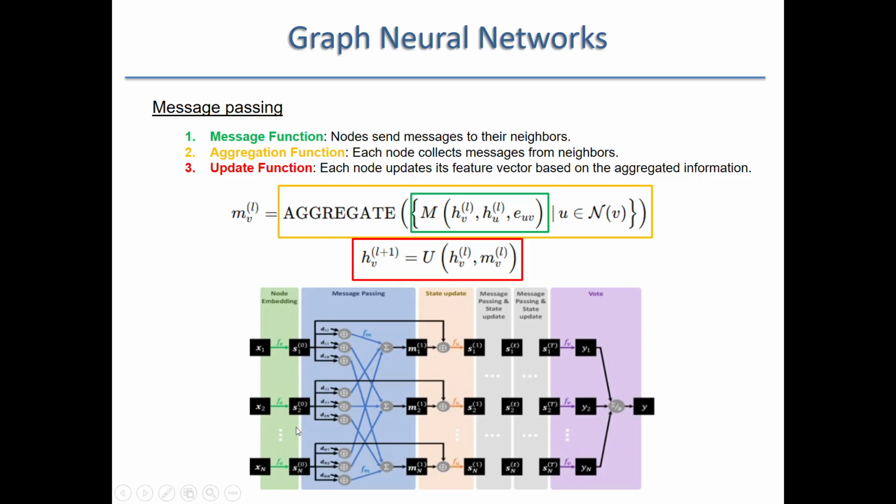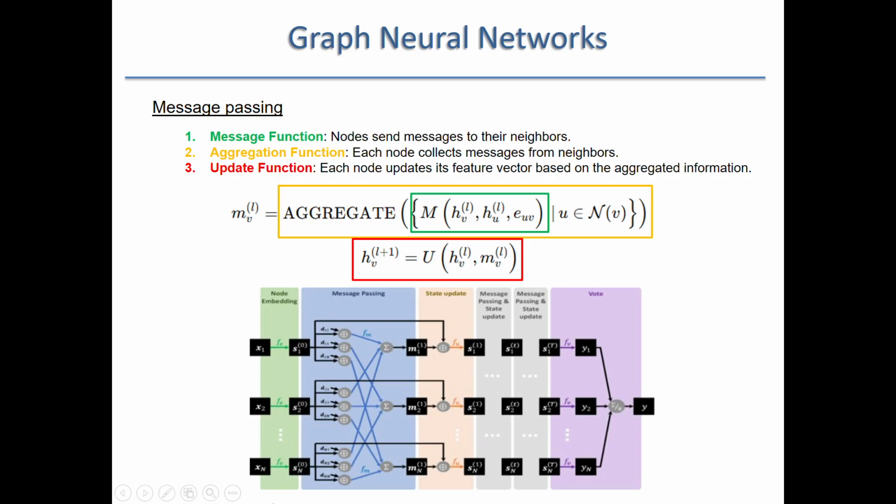Here it has a different notation, but the concept is the same. You have some input vectors. These input vectors are embedded into some state, and this is the hidden state. Typically you start with just the input vectors, so there is no function here, but you can put a function also if you want.